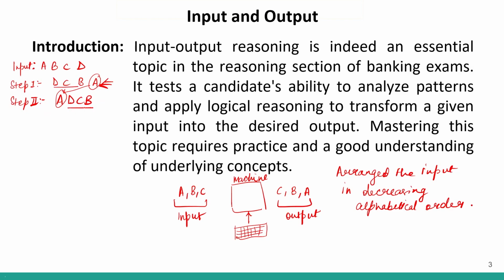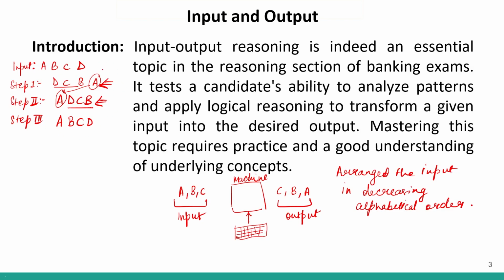Then step 3, you feed the same input in the machine. Now the machine gives you A, B, C, D. So now the machine has again put them in the increasing order of alphabets.